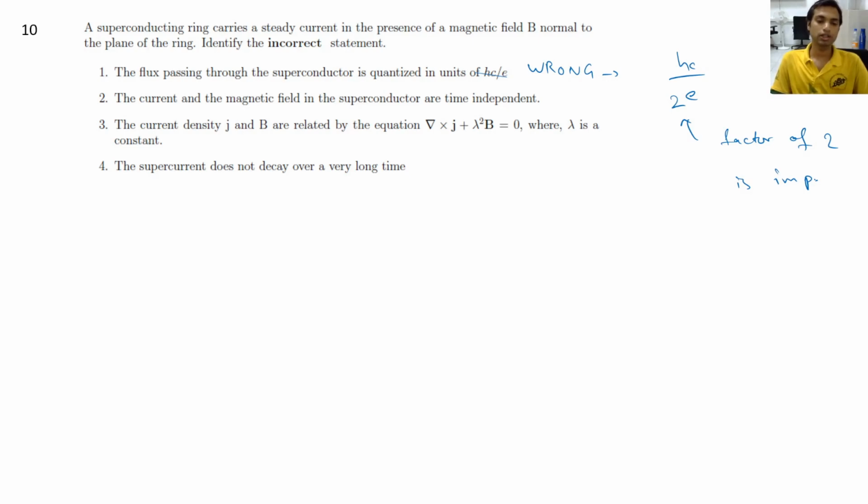The current and the magnetic field in the superconductor are time independent. So this is true. Once some current is set, it stays like that for a long time.